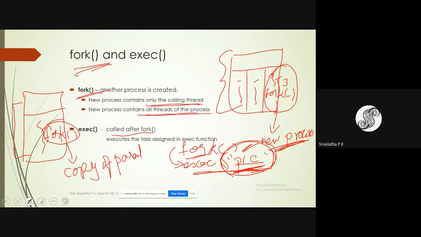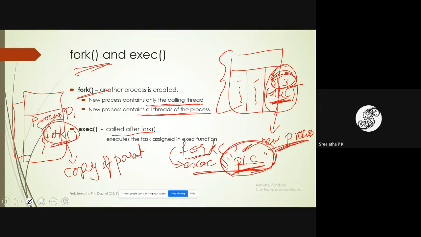Okay, now when fork is called by a thread, which is the parent of the fork? The parent of the new process is this thread. It is not a process. This is a process P1.